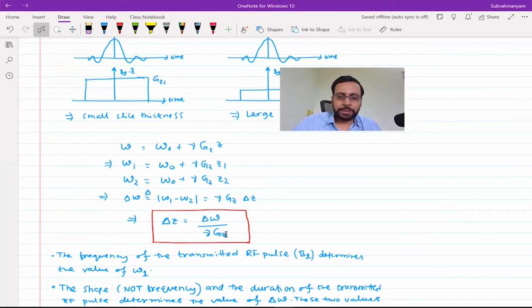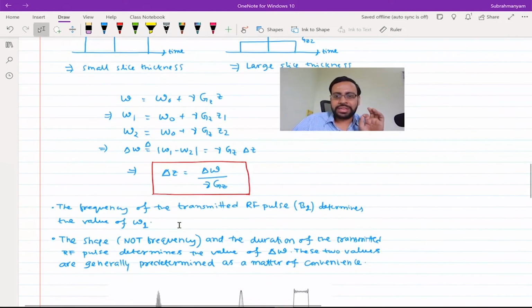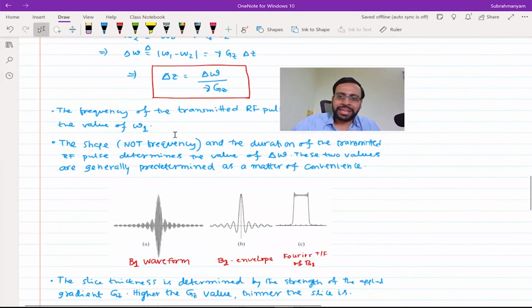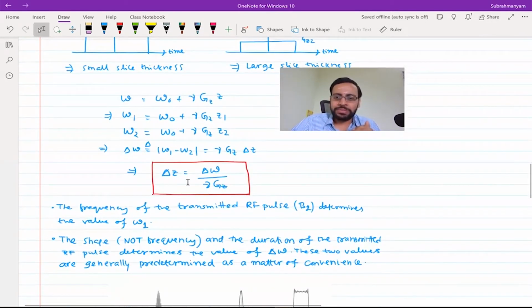One most practical interpretation is, for a given bandwidth, if you are increasing the Gz value, the slice thickness would decrease, and the other way around. This is the relation. So if I tell you the bandwidth of your acquisition or your scanner, you could tell me without any problem what gradient strength in the z direction you need to apply to obtain your images at a specific thickness.